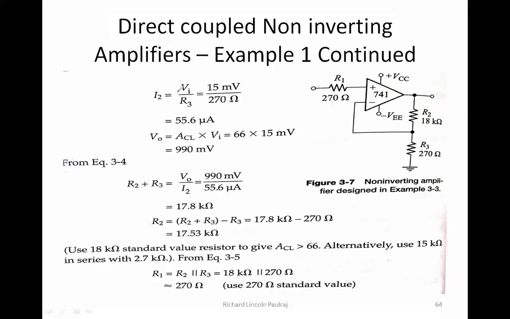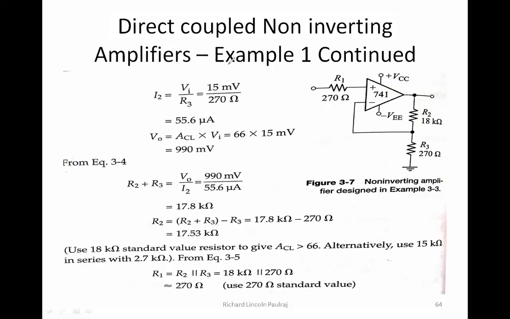So now let us come to I2. What is I2? I2, which was here, isn't it? I know the value of R3, I know the value of VI. VI was 15 and R3 was 270. Previously, what was the calculated value for I2? 50. Yeah.